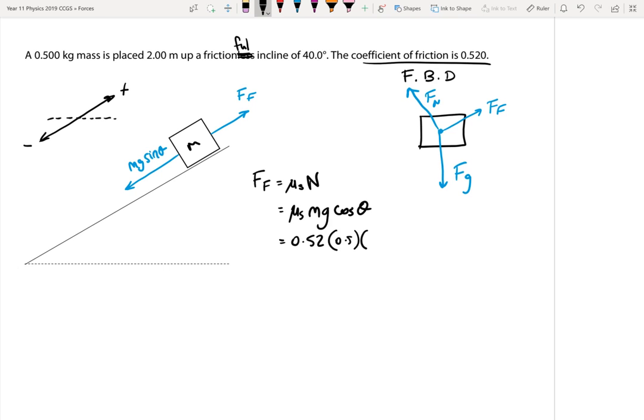Mu is the coefficient of static friction, which was covered in yesterday's lesson, which if you weren't here, you watched the YouTube video. And so friction now has a magnitude of 1.95 newtons, 40 degrees above horizontal.